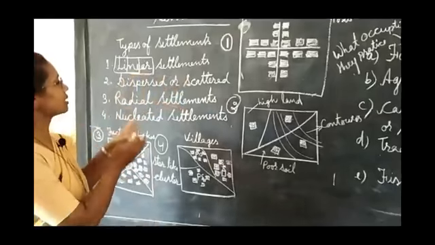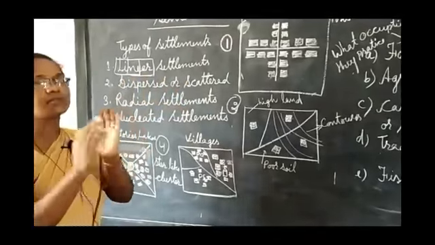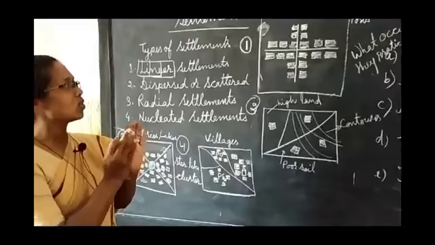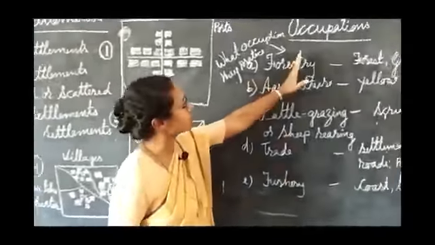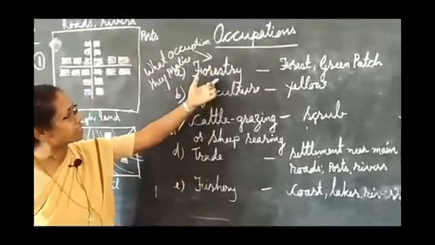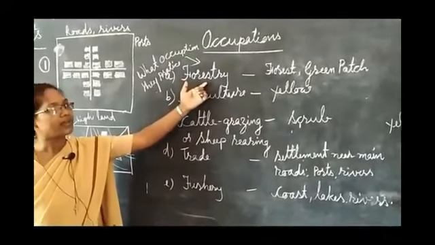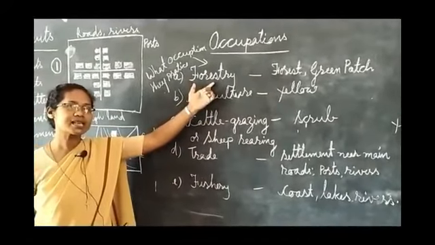Now in these settlements the people are living in different areas. So what occupation do they practice? Now we can see here the occupations they practice. The first is forestry, the green patches. In the topo sheet the green patches indicate the forest area, and in that area we can see lots of contour lines, and the contour lines are very close to each other.